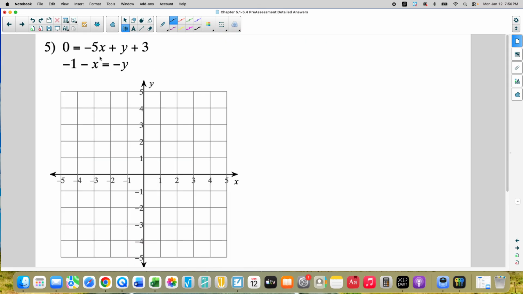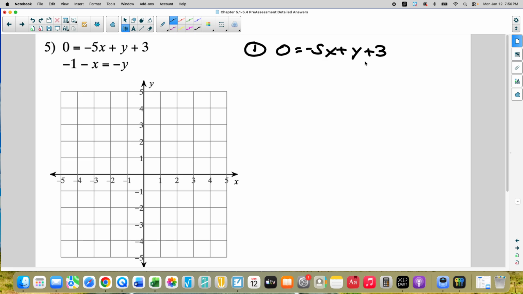All right, now, this is not in a system. That's not any of the linear formats, nor is this one. This is not a linear format, so I'm going to convert. I'm going to rearrange it and put this in slope-intercept form.